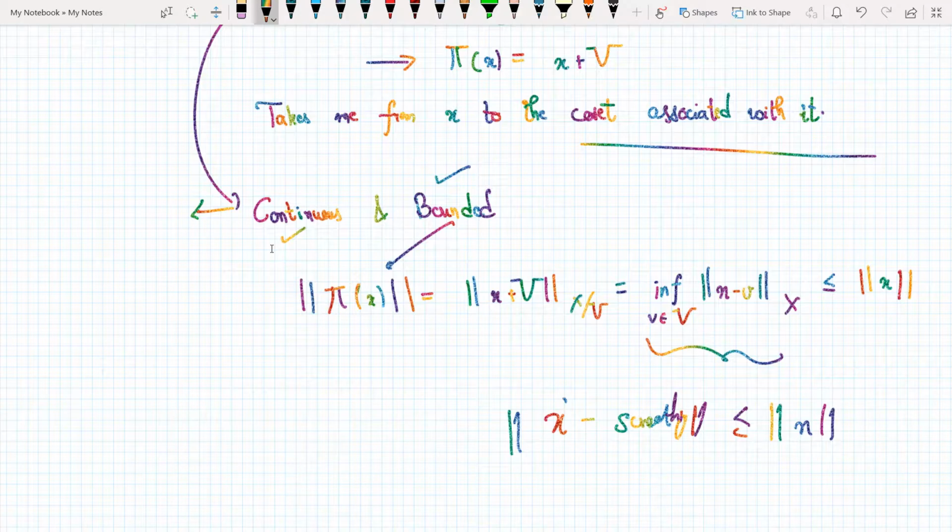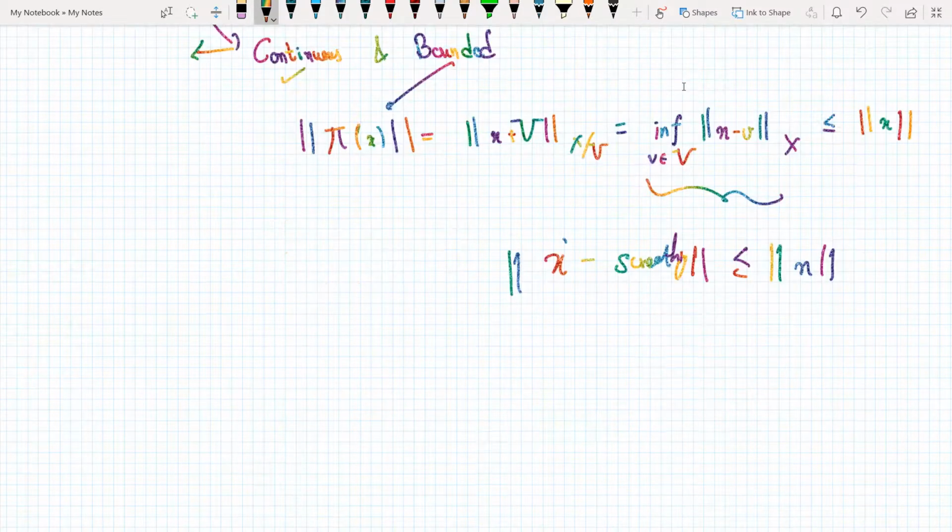It's as simple as that. One more idea I would like to put across is that the norm of the projection is always less than or equal to 1. So this is less than or equal to norm of x. So the norm of the projection operator pi is less than or equal to 1.